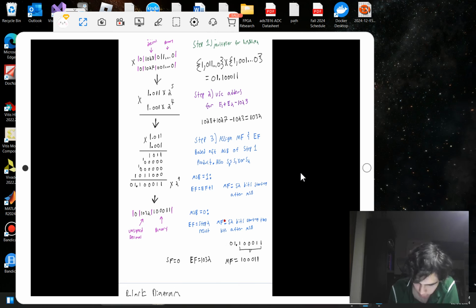So in this case, because the most significant bit is 0, we use these as our final mantissa. So our MF is going to be those bits right here. And then EF does not change. It's going to be the same thing we calculated here. And that's that.